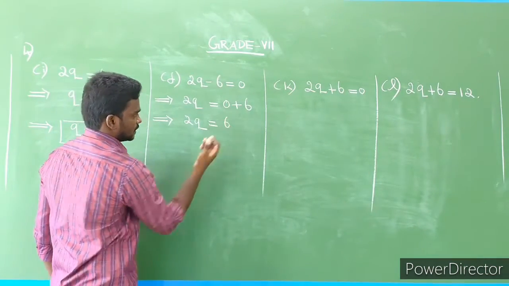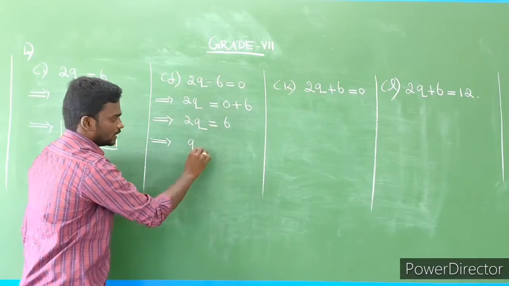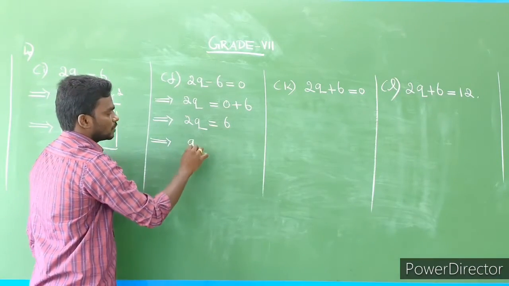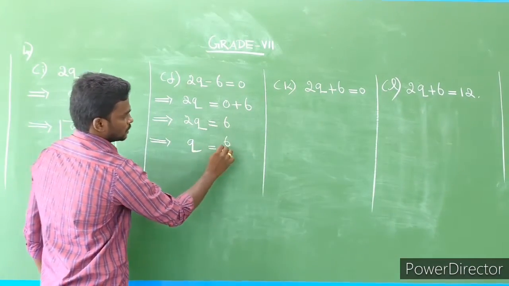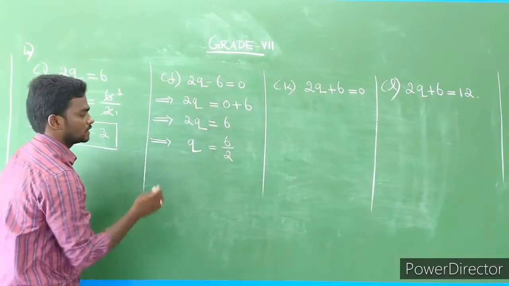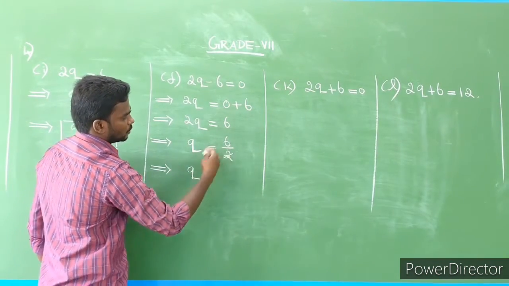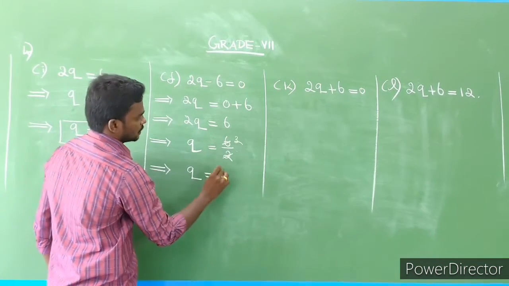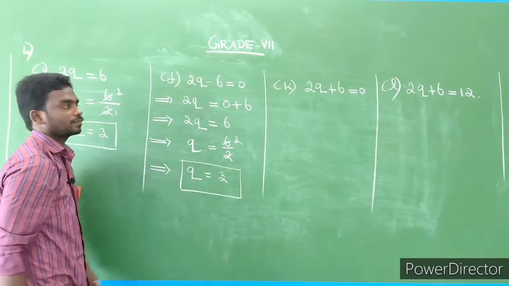That is 6. Implies that now we keep the value q on the left side, which is equal to 6, and this 2 is transposing to division on the right side. Implies that, what is the value of q? 1 2s are 2, 3 2s are 6. So the value of q is equal to 3.